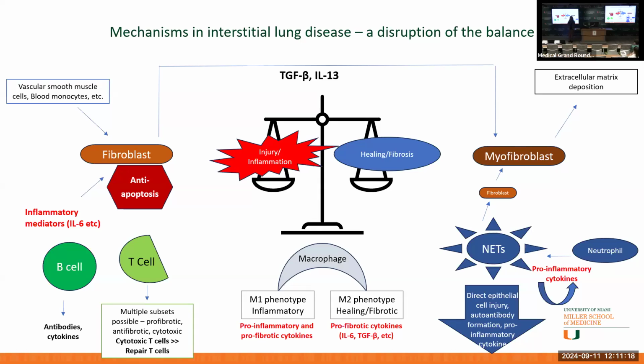Vascular smooth muscle cells, blood monocytes can come in and actually turn into fibroblasts. And then your neutrophils, from an innate immune standpoint, will start producing neutrophil extracellular traps, which is basically the debris of a dead neutrophil, and it tries to wall things off, but in doing so activates fibroblasts, activates the healing, and you get more scarring and fibrosis. So it's a very complicated process that we're going between here.